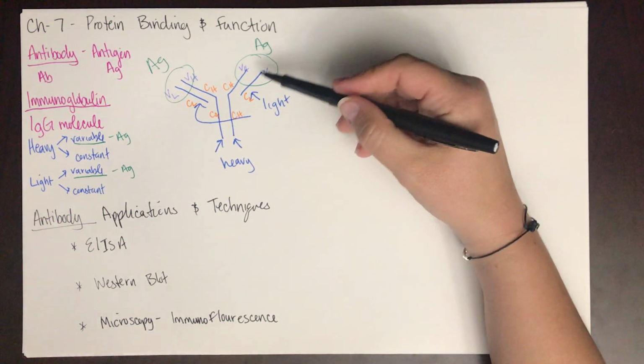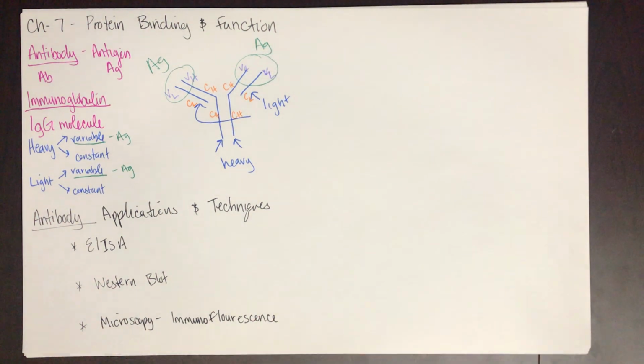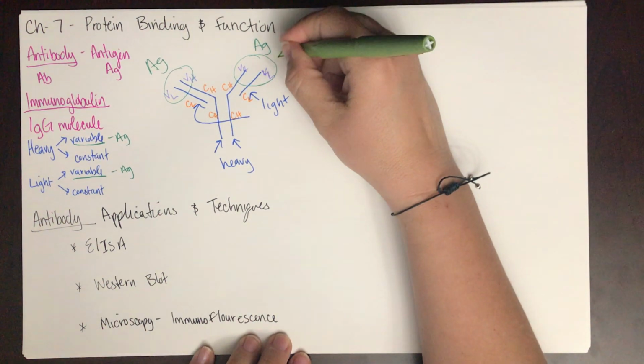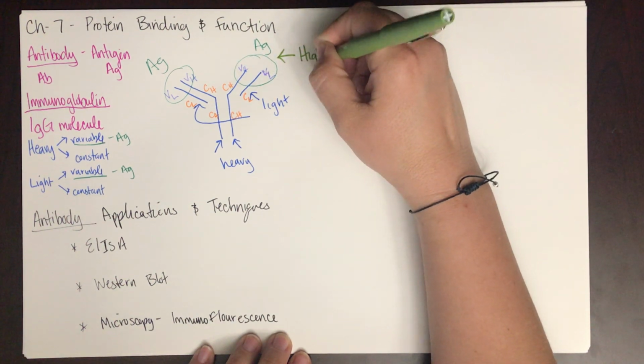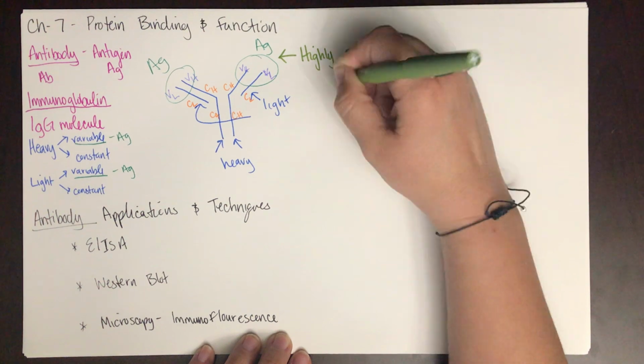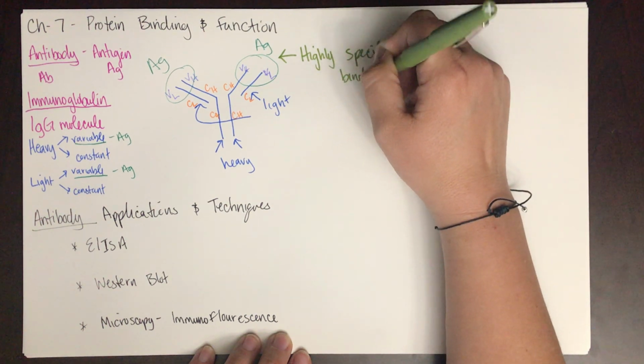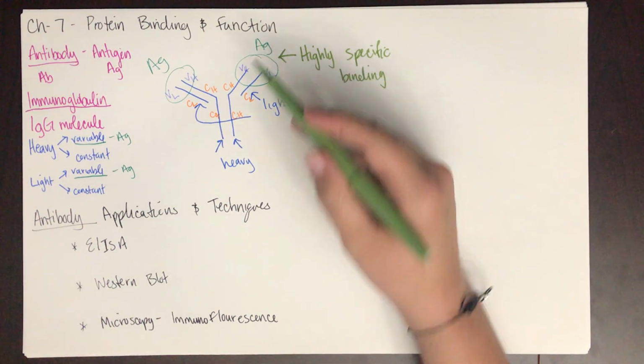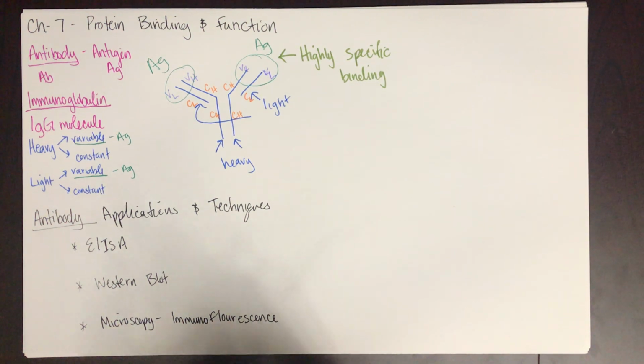Because this antibody-antigen binding is highly specific, this antibody isn't going to bind to anything else but its one specific antigen. So we can exploit this in science when we are using these for tests in a lab or many types of research.